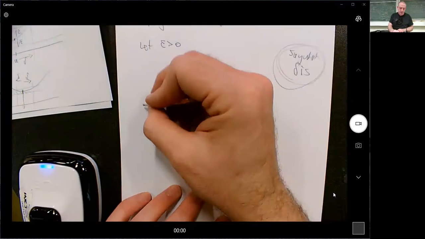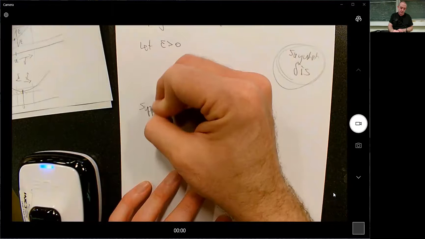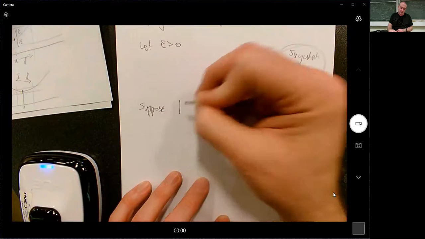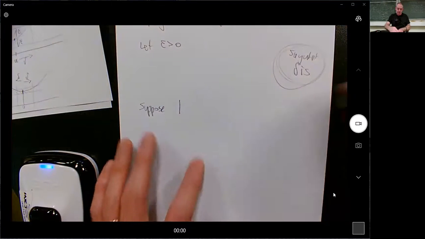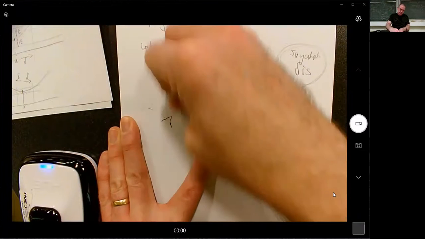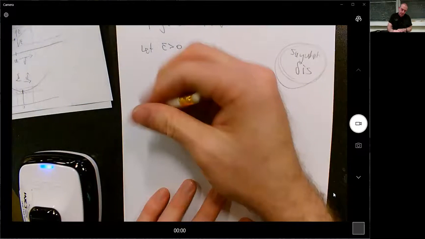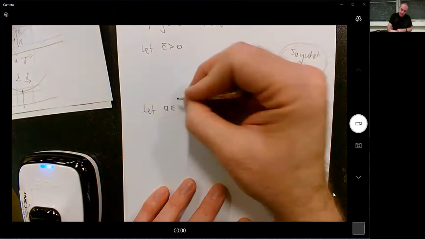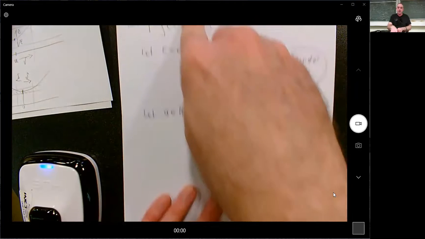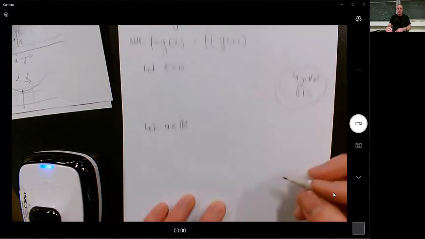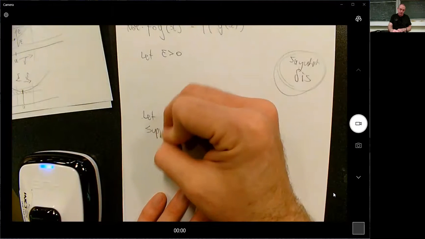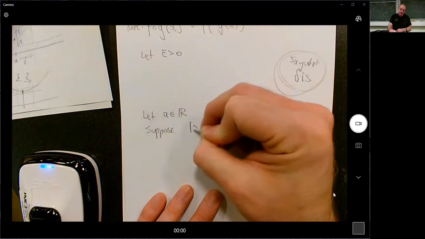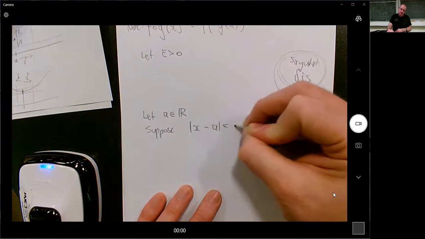And then I'm going to say, suppose, and also after that I'm going to let A be a point in R, because that's what the domain is. And then I'm going to suppose that the distance between x and A is less than delta.